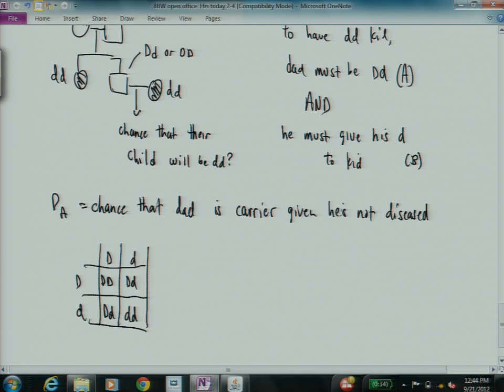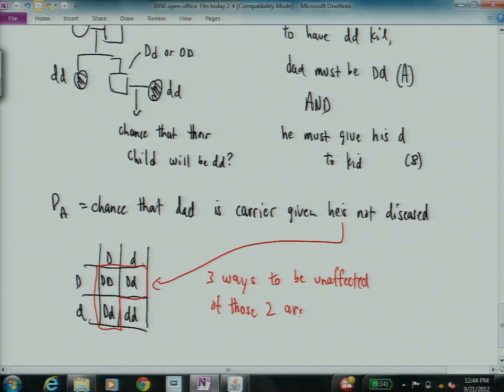That means we only care about these three boxes. Therefore, in this case, there are 3 ways to be unaffected. Of those, 2 are carriers, that is big D, little d. Therefore, the probability that dad's a carrier is 2/3.